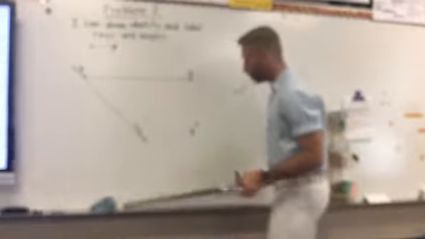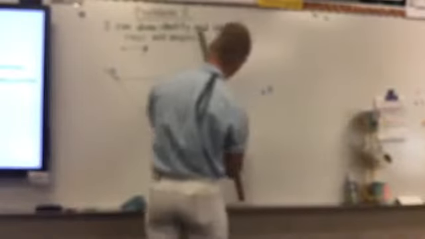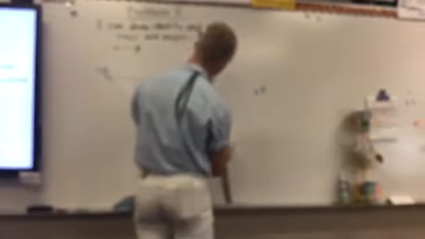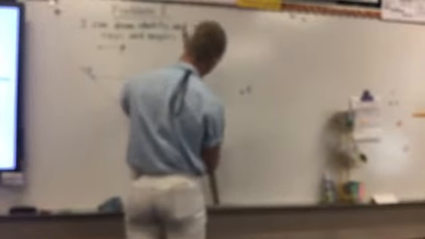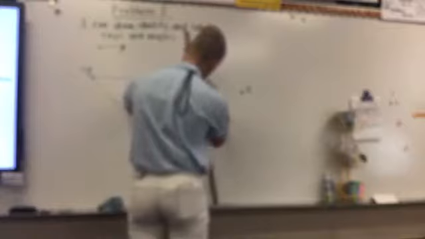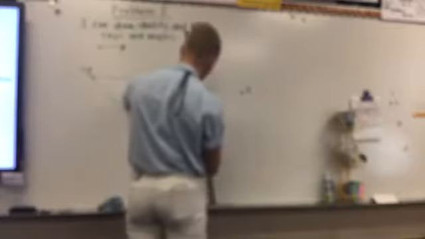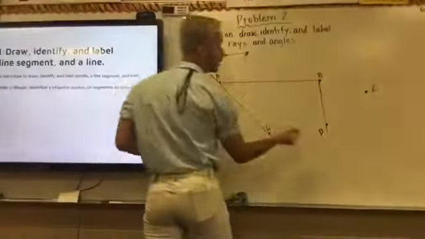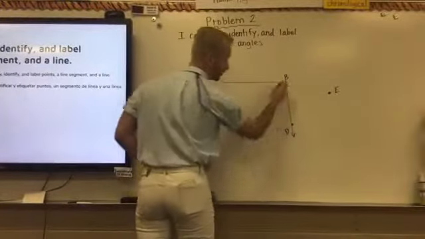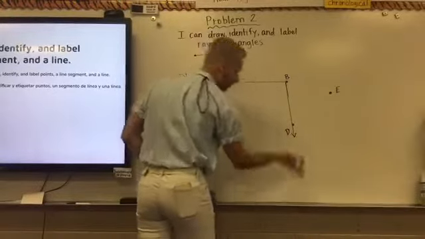We get our ruler out, connect the two, and draw the line. But once you connect the two, you want to go a little bit past D, and then, just like up here where I drew a ray, draw a little line to show that it keeps going this way. It keeps going this way, but up here it stops.